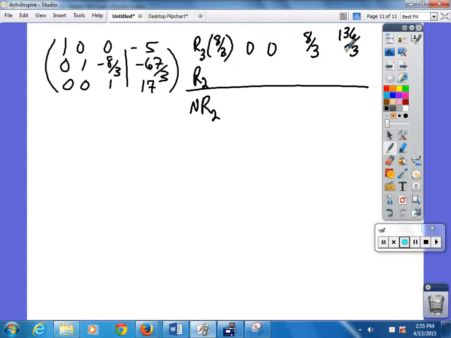And then that's going to be added to row 2, that's 0, 1, -8 thirds, and -67 thirds, and that's going to give you 0, 1, 0, 69 thirds, which is 23.